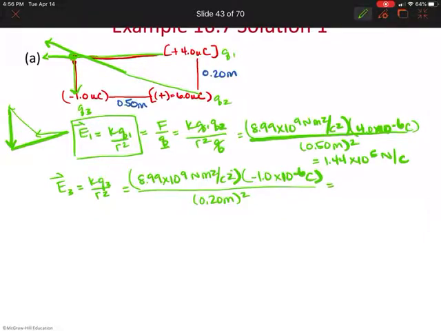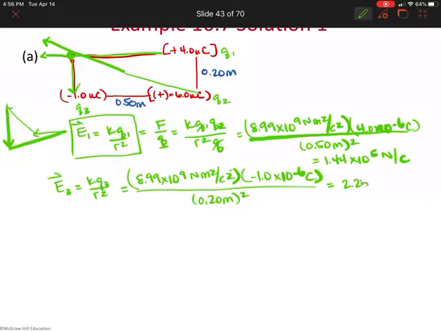That's going to equal 2.25 times 10 to the 5th newtons per coulomb. And I'm going to get into the signs of everything here in a minute, so just wait on all of that.